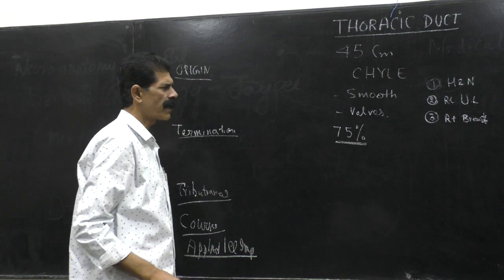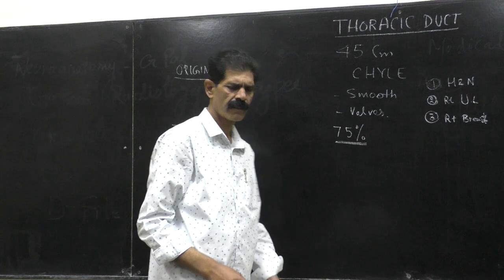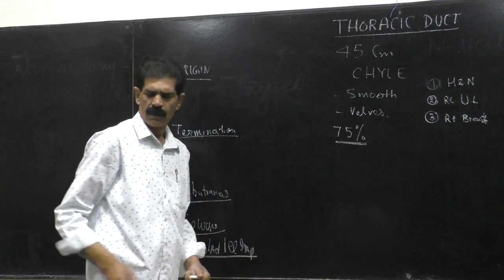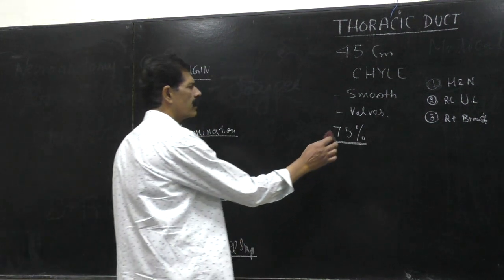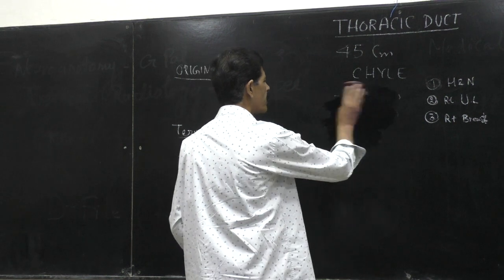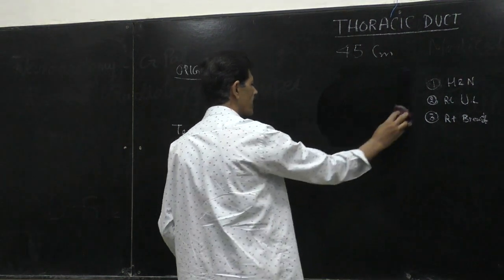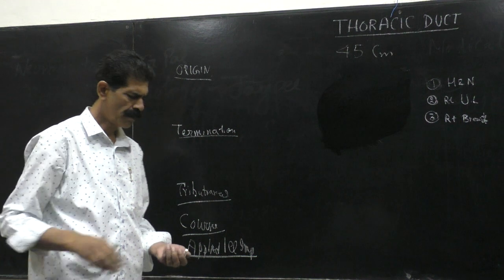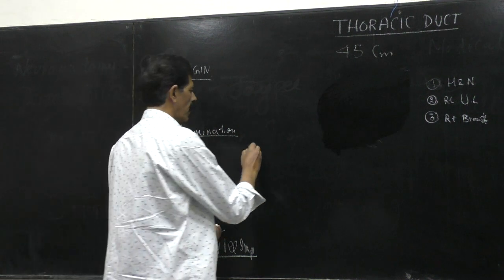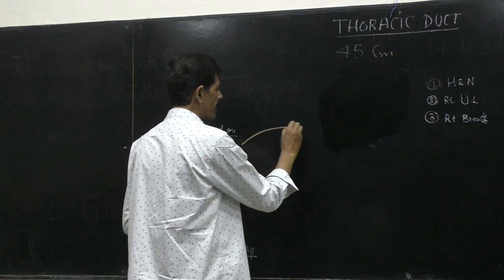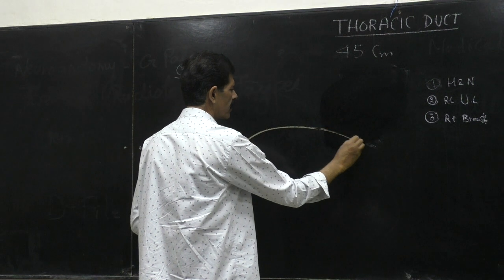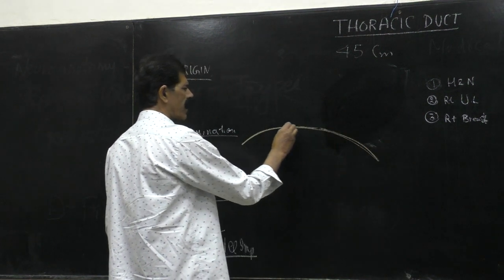So origin is the starting of this thoracic duct. This thoracic duct originates or starts from the abdomen. As you know, the thorax and abdomen are separated by the abdominothoracic diaphragm.